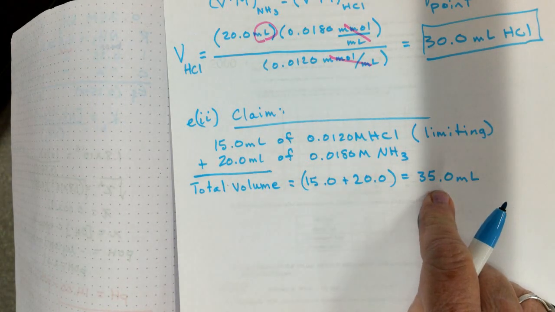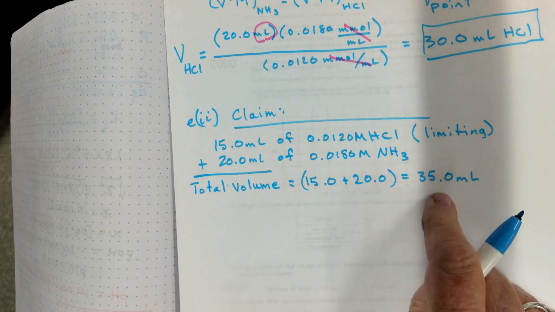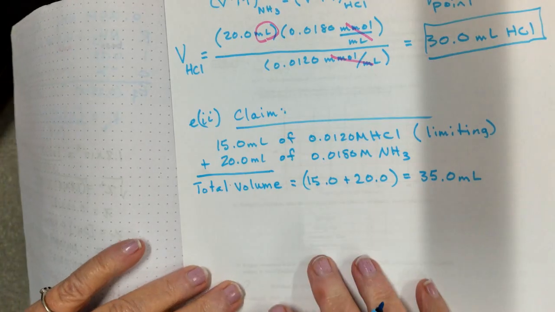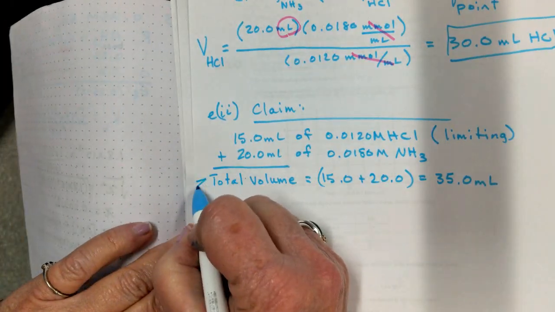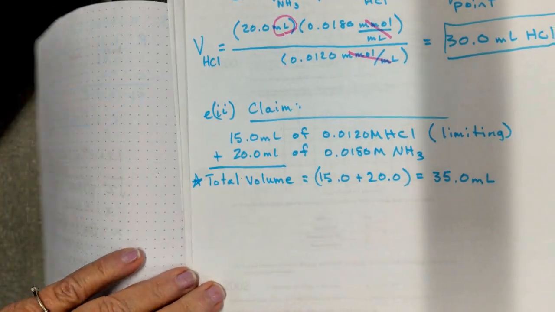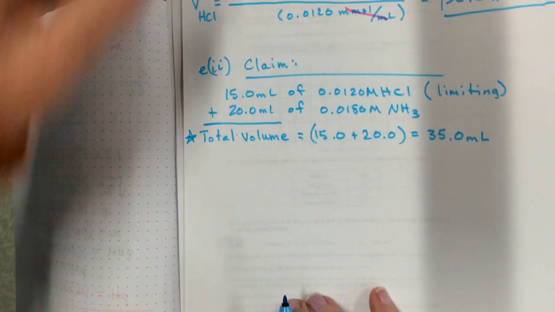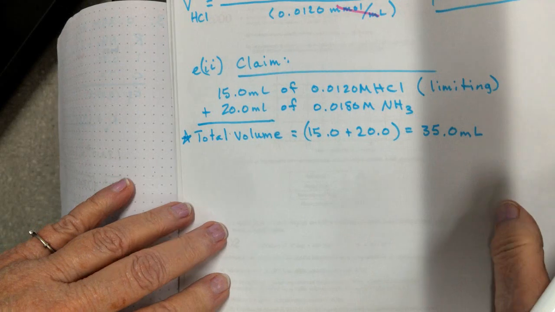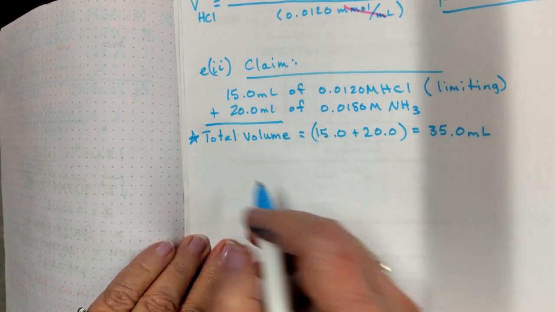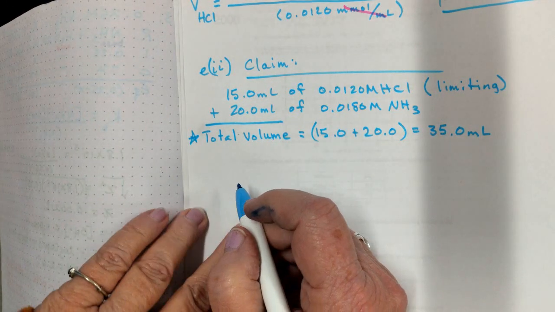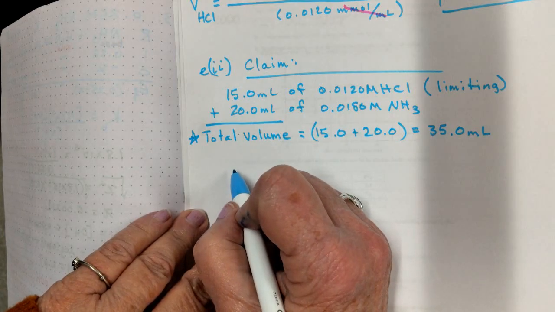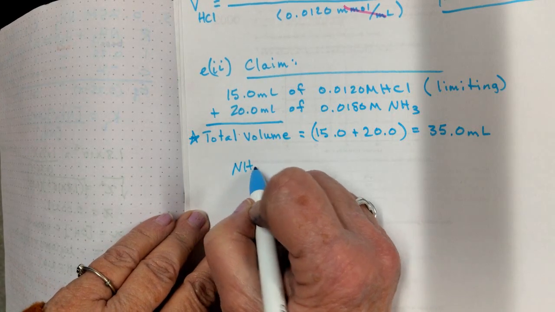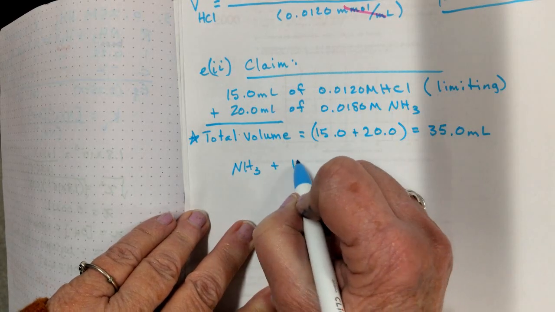It doesn't have 15, it doesn't have 20, you've mixed the two solutions, so you now have a total volume of 35. That's a point students often forget, that when you mix a solution of acid and a solution of base, you've got to add their volumes to get new concentrations. So now let's see what we have left over.